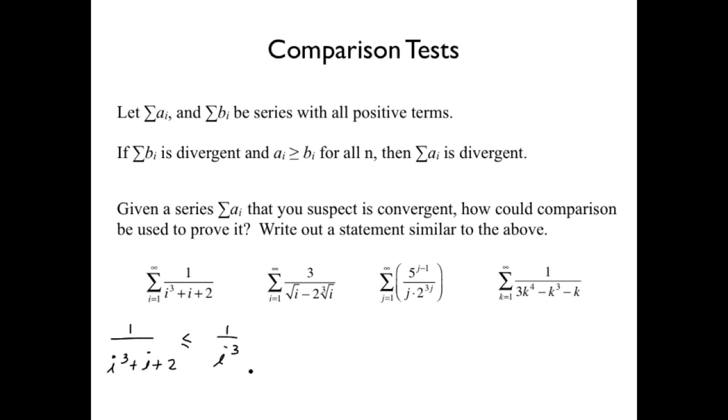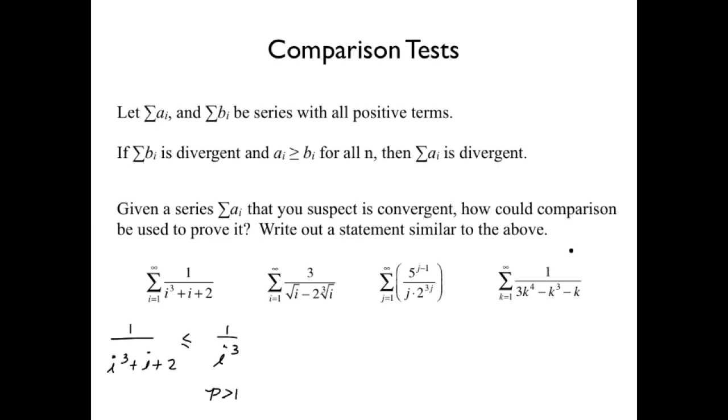And what do we know about 1 over i cubed? The sum of 1 over i cubed converges by? That's a p-series. p greater than 1, right? p equals 3 is greater than 1. 1 over i cubed, that series converges, so this one will converge because all the terms are less. By adding in the denominator, you're getting all terms that are less.